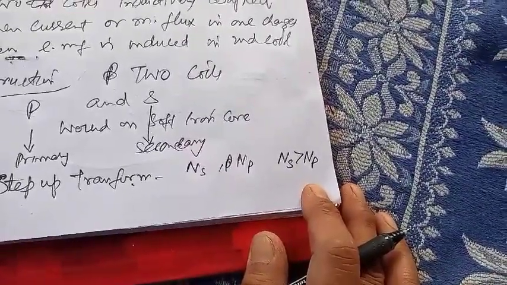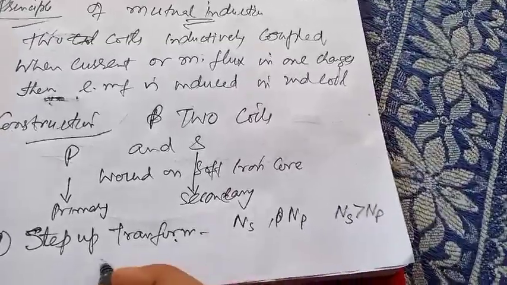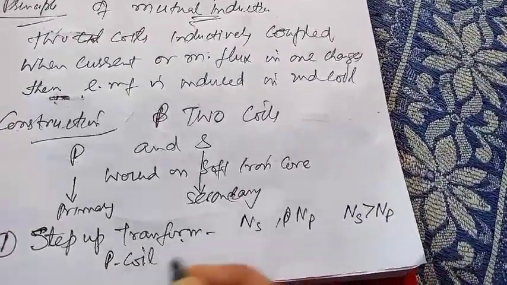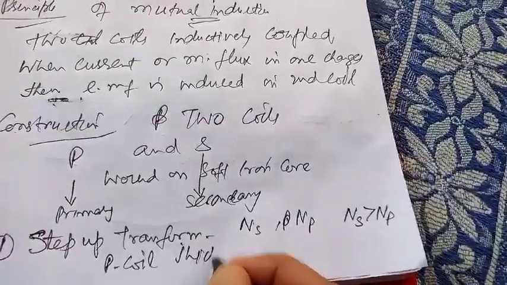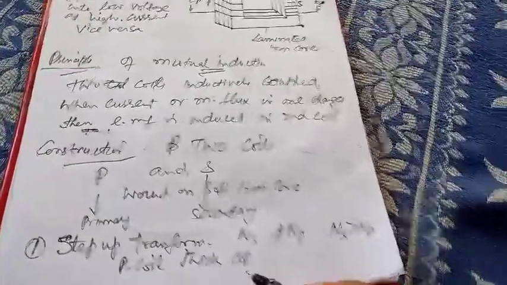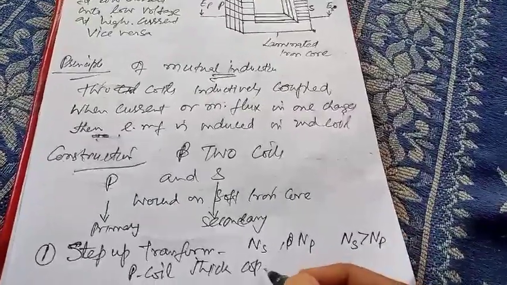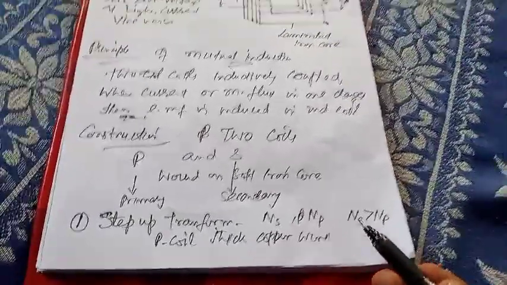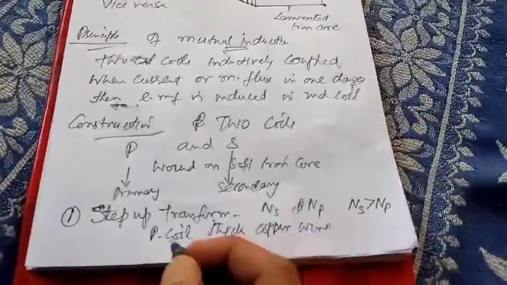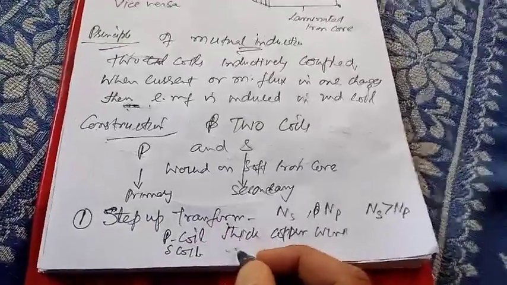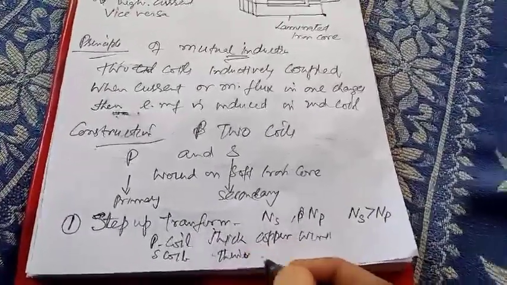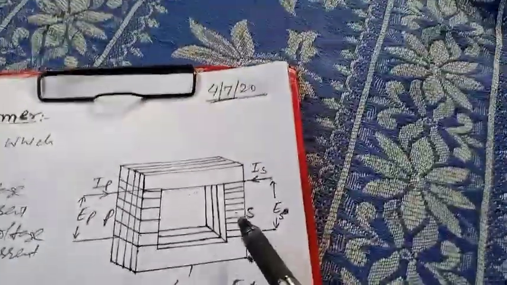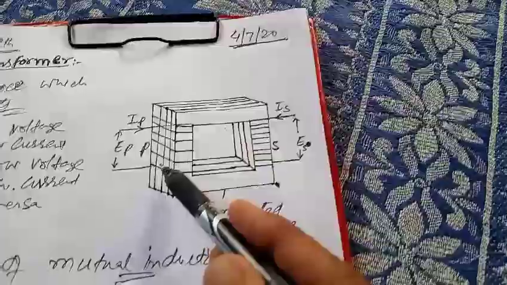The primary coil, the P coil, is thick insulated copper wire, while the secondary S coil is thin copper wire. This is thin and this is thick copper wire.